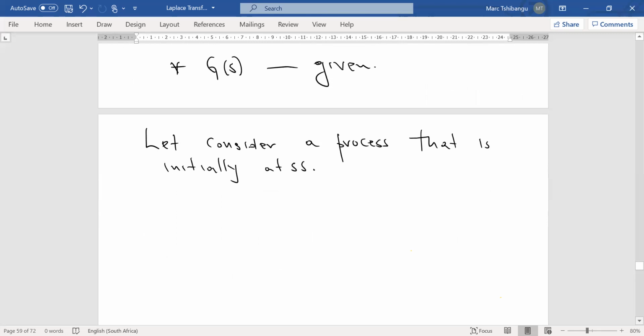First step, let's consider a process that is initially at steady state. Second step, induce a change in the input variable.